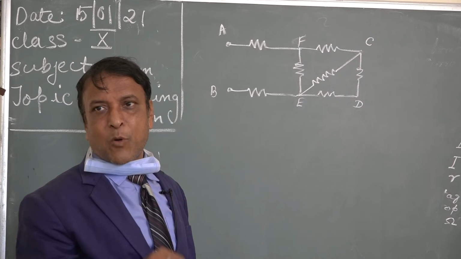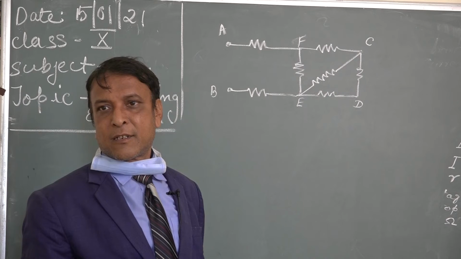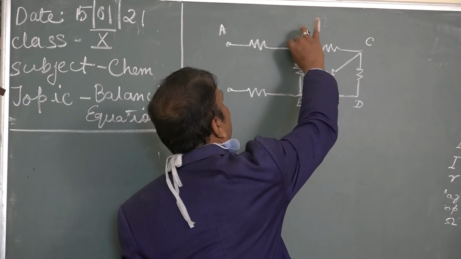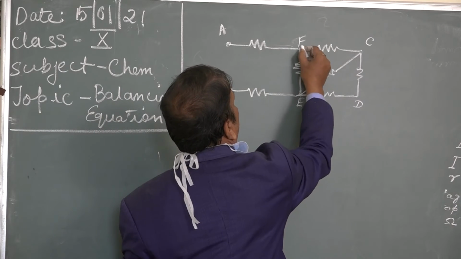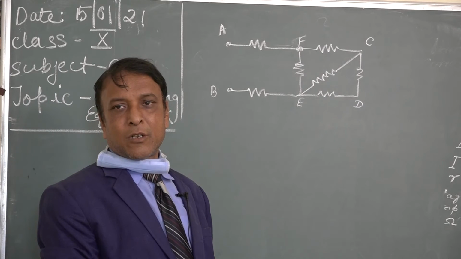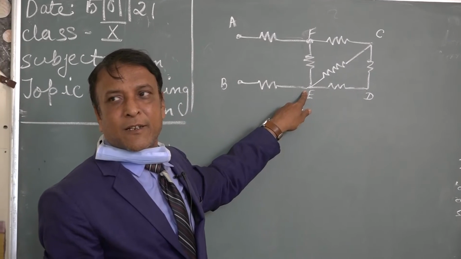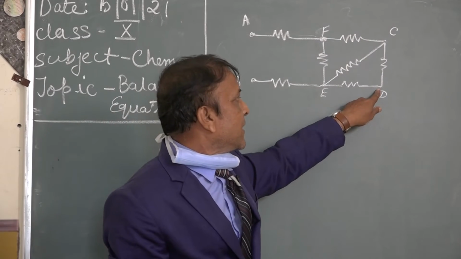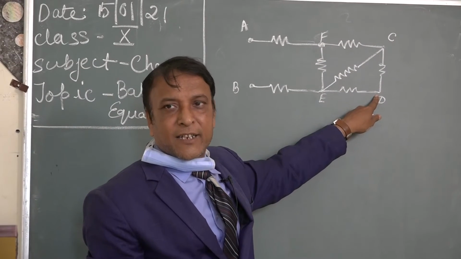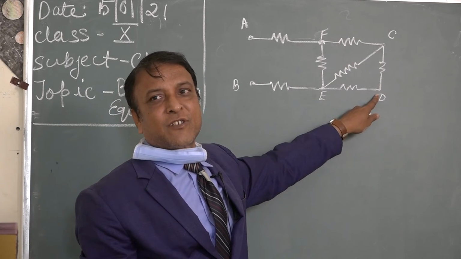Node means junction points where different resistors are connected. Here it is one branch, one branch, one branch. All are joined here, so it is called a node, a junction point. Here E is also a junction point. D, is it a junction point? No, it is not a junction point.